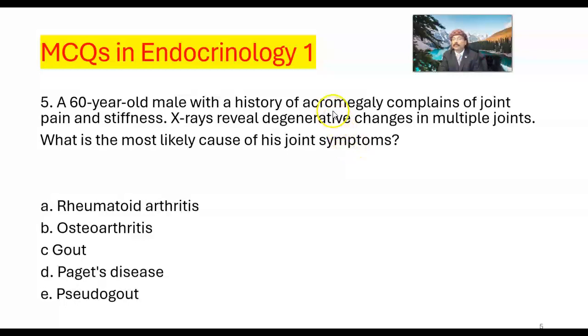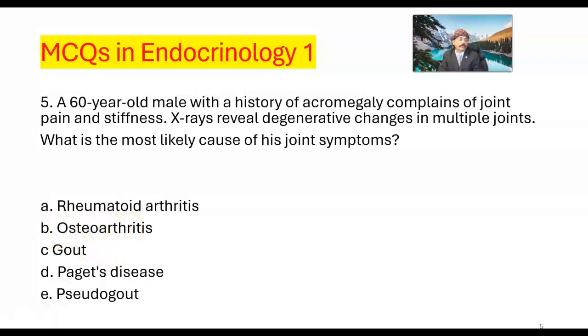So patient has acromegaly, joint pain and stiffness, 60-year-old, there are degenerative changes in multiple joints. Our choices are: rheumatoid arthritis, osteoarthritis, gout, Paget's disease, pseudogout. Answer should be what? Answer should be osteoarthritis.